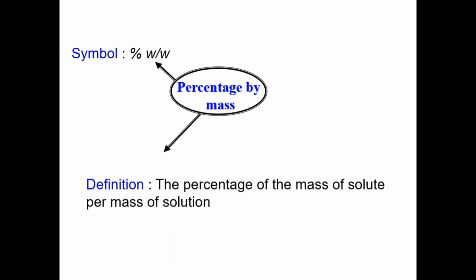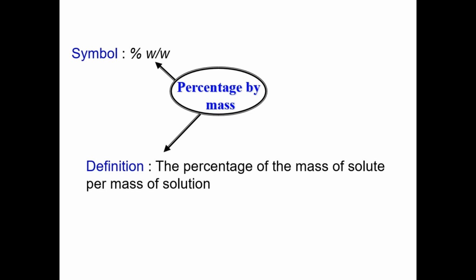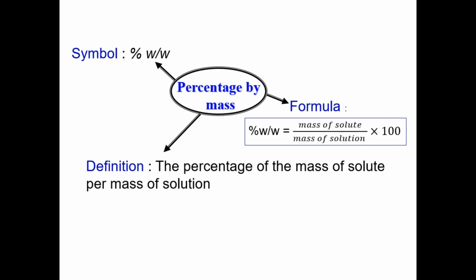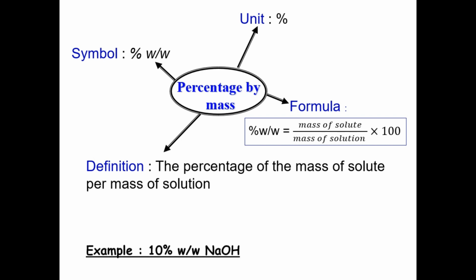Next unit is percentage by mass. It has the symbol percent W/W, defined as the percentage of the mass of solute per mass of solution. It has the formula percentage W/W equal to mass of solute divided by mass of solution multiplied by 100. The unit of percentage by mass is percent.